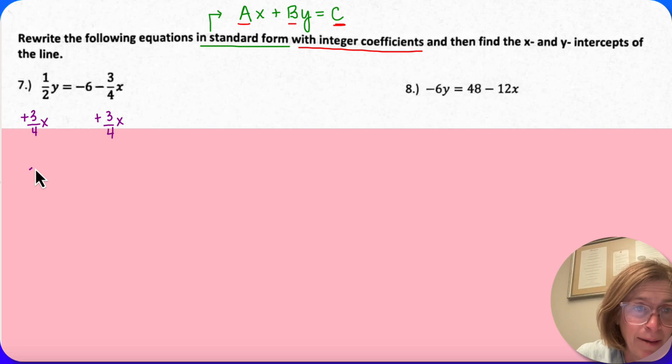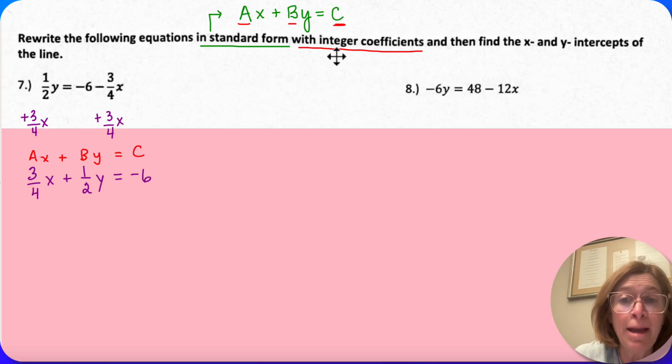So that gives me 3/4 x plus 1/2 y equals -6. So you can kind of see that it's almost in the form ax plus by equals c, except the numbers, the coefficients, so the numbers in front of your variables, have to be whole numbers.